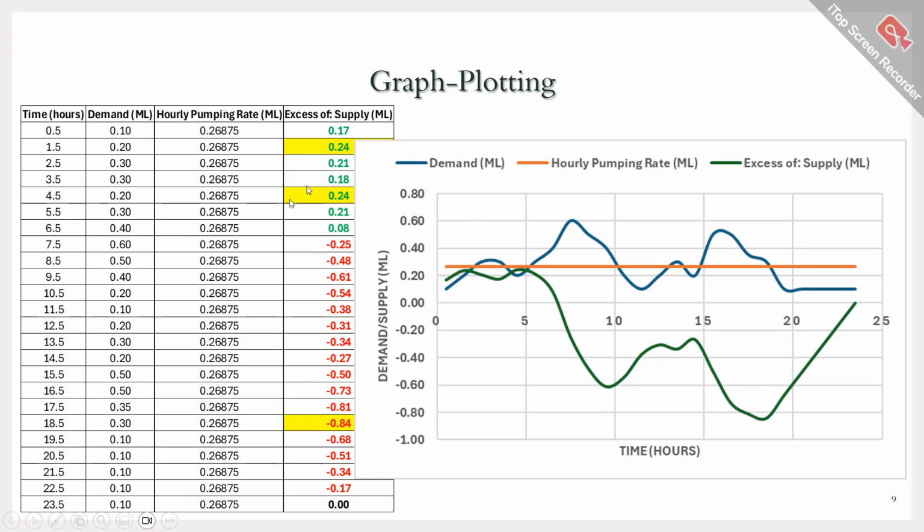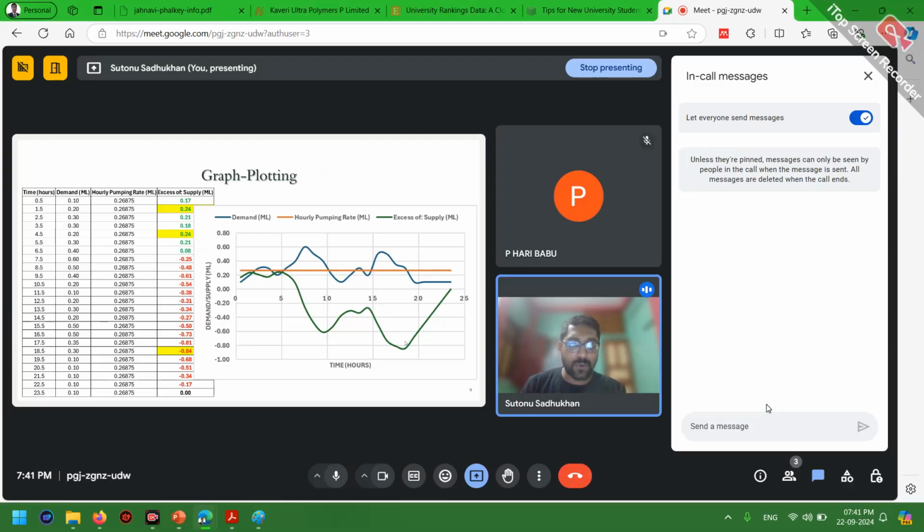And this many amount, 0.24, of excess volume we have to maintain in the tank whenever the supply is more than the demand, in order to accumulate the excess water to prevent the loss of the water. Hopefully you are able to understand. So this is the reason we are adding them up, the maximum negative value and maximum positive value, in order to get the minimum storage volume that is required in our case.